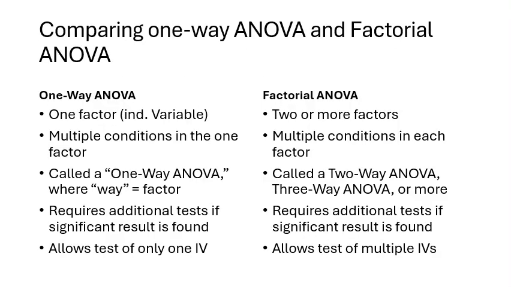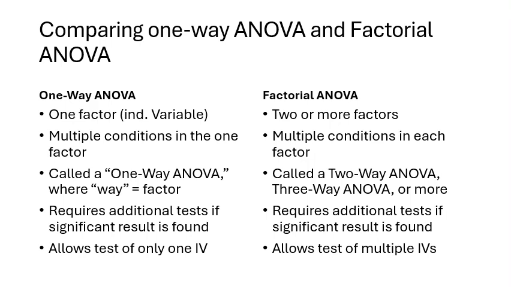To compare the two, the one-way ANOVA that we had in Chapter 9 has just one factor, the independent variable, and we have two or more factors in the factorial ANOVA. In the one-way ANOVA, we can have multiple conditions in the one factor, and the same is true for the factorial ANOVA.